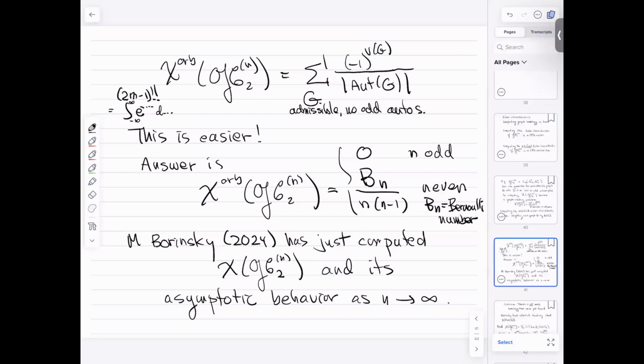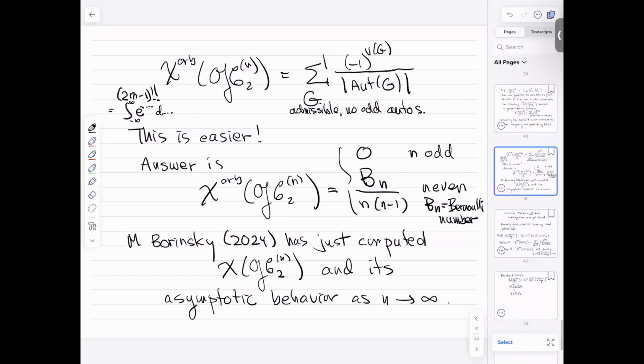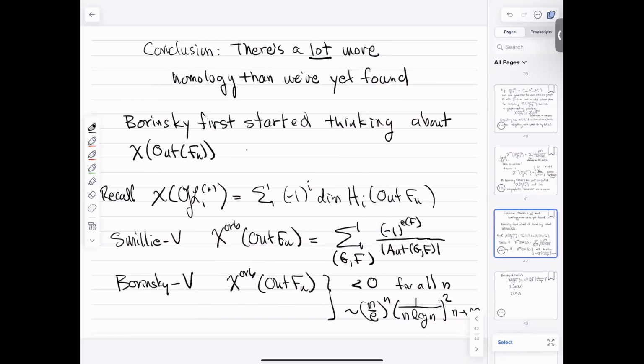You have to look at the paper for the exact expression, but he's done it. The conclusion from these computations is that there's a lot more homology in the even graph complex than we've ever found. So in particular, this free Lie algebra is only the tip of the iceberg.